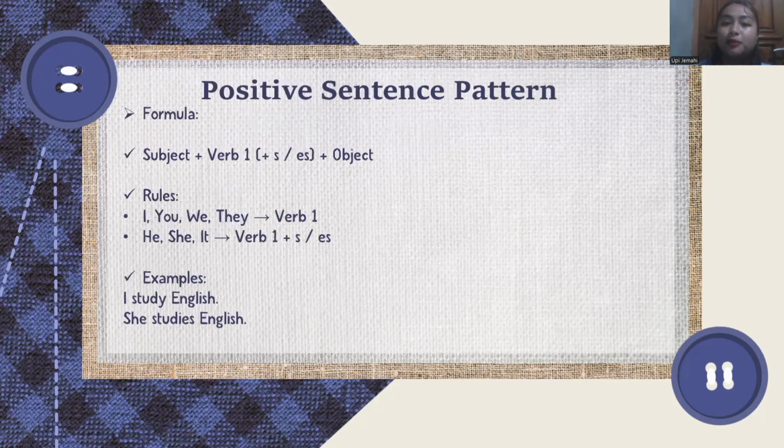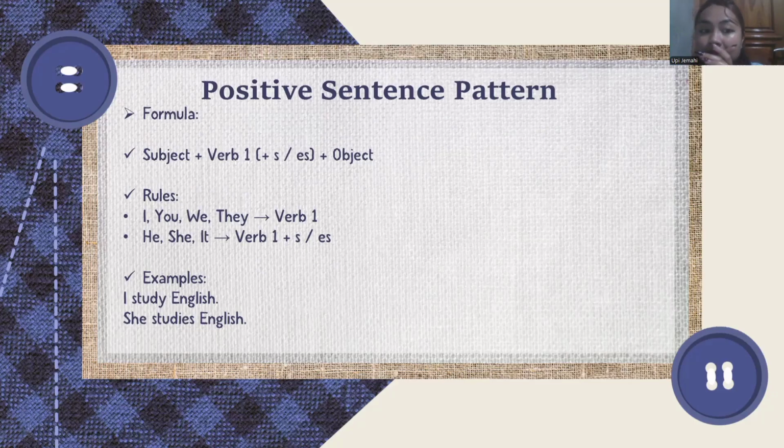Move again to the positive sentence pattern. The pattern of the positive sentence in simple present tense is subject plus verb 1. For the subjects I, you, we, and they, we use verb 1.